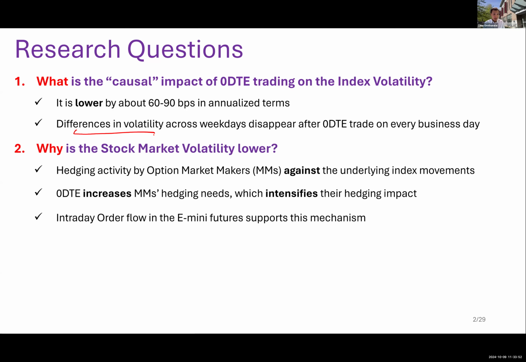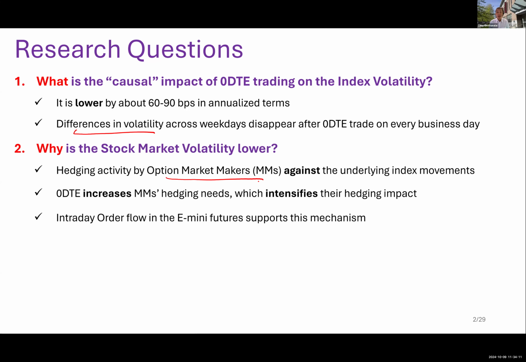Now that we document the net quantity of the impact, we look at why this is the case. What is producing this impact? We show that it's all coming from market makers hedging. They use the underlying index or the E-mini futures to hedge in the direction against the index price movement.